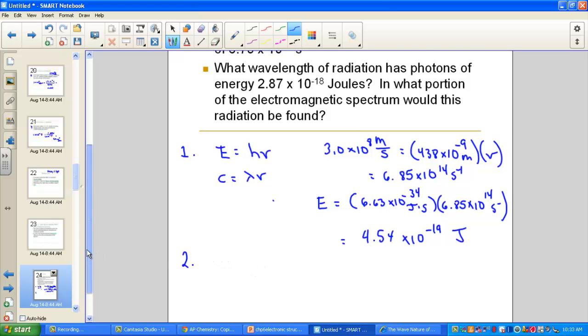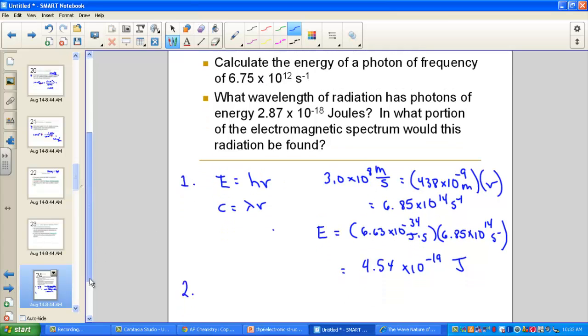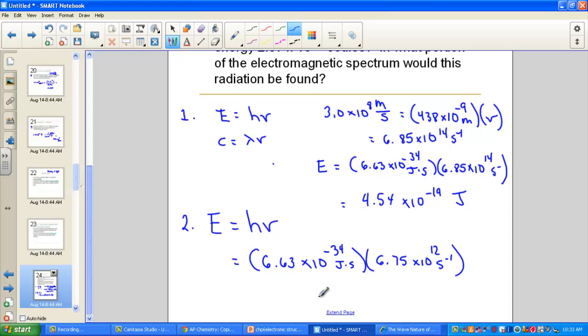Calculate the energy of a photon with a frequency of 6.75 times 10 raised to the 12th power per second. Well, this is nice. Frequency is given to us. It's pretty straightforward. We know that the energy can be calculated by taking frequency times Planck's constant. We're working to memorize Planck's constant, 6.63 times 10 to the negative 34th joules times second, times that given frequency of 6.75 times 10 to the 12th power per second.